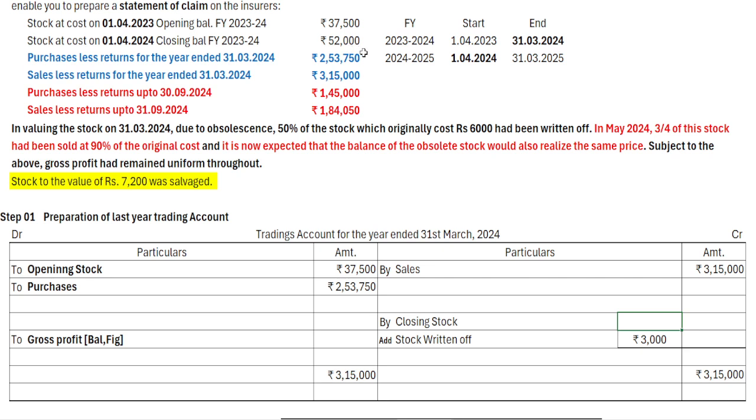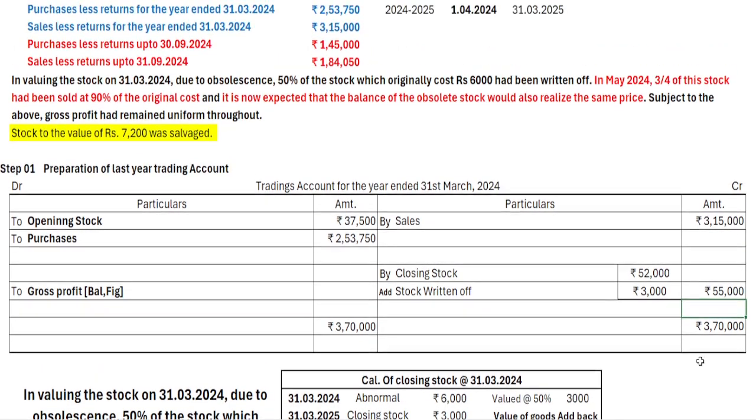Here 52,500, and 3,000 they were written off, so we added 3,000 back: 52,500 plus 3,000, which is written off 50%, we added back. So closing stock for the year ended 31st March 2024 is 55,500.